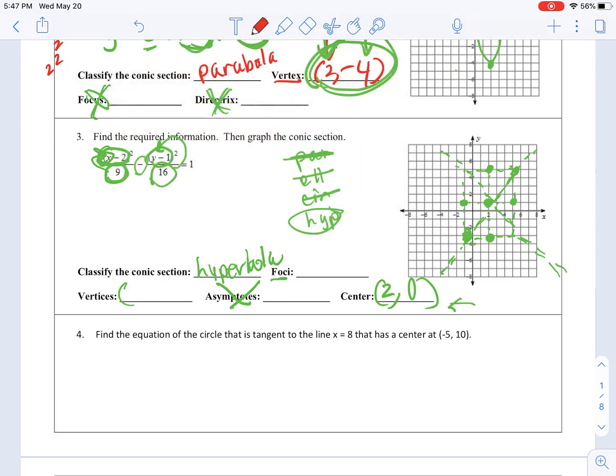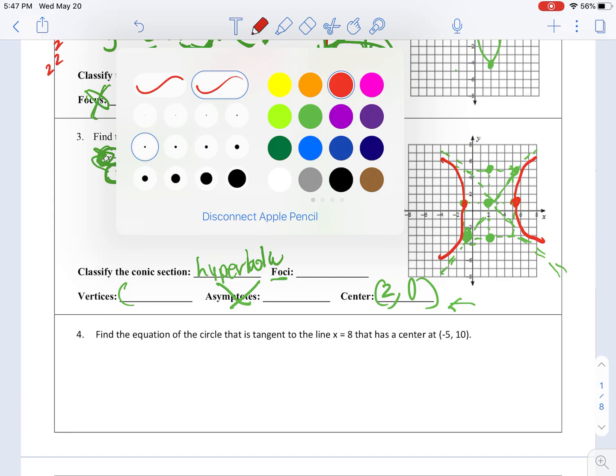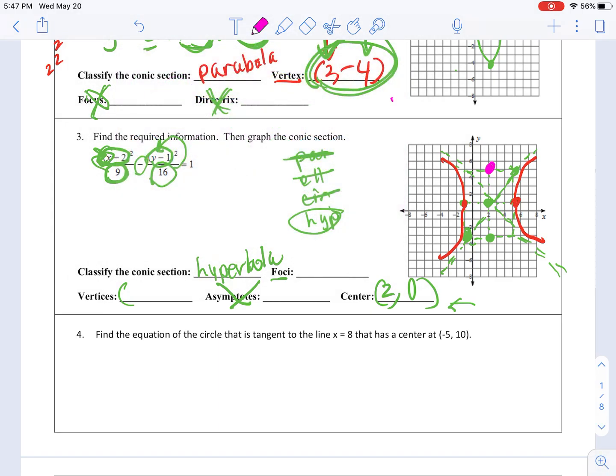Now you have to decide, are you going to do your hyperbola from these dots and follow these asymptotes? Or are you going to do your hyperbola from these dots and follow these asymptotes? It's easy to decide which one it is. It's whichever one comes first.